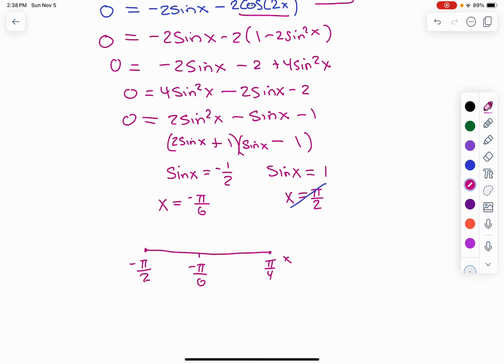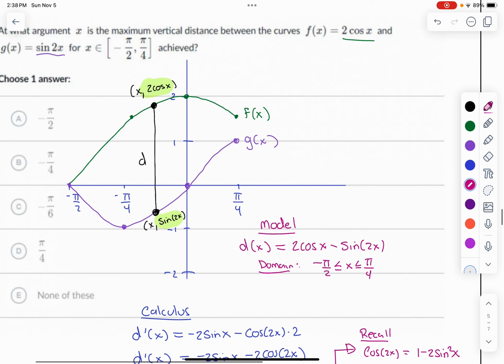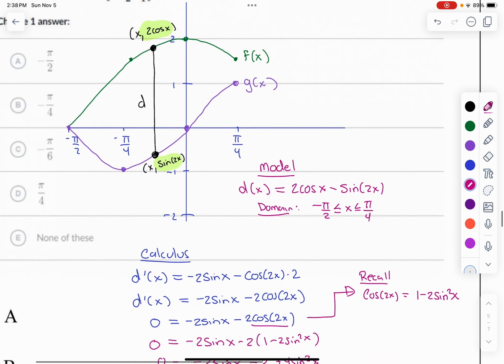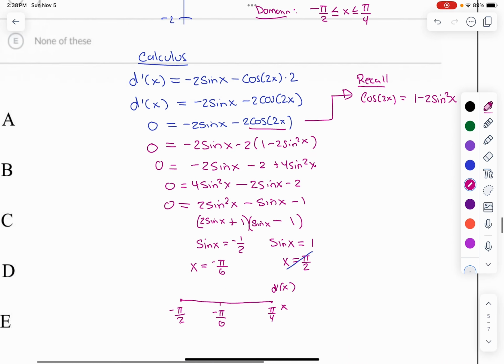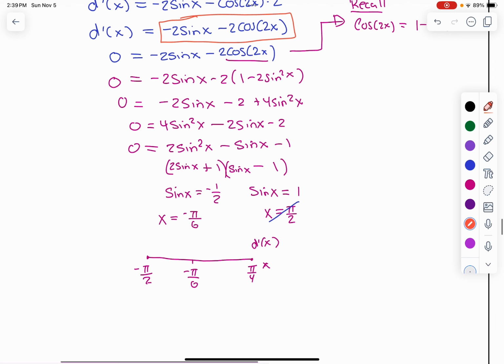We just want to show that we found a maximum. Okay, so our derivative, where's our derivative? I'm going to use this version here in orange of my derivative to check. Let's plug in a value to the right of negative pi over 6. You could even plug in pi over 4.